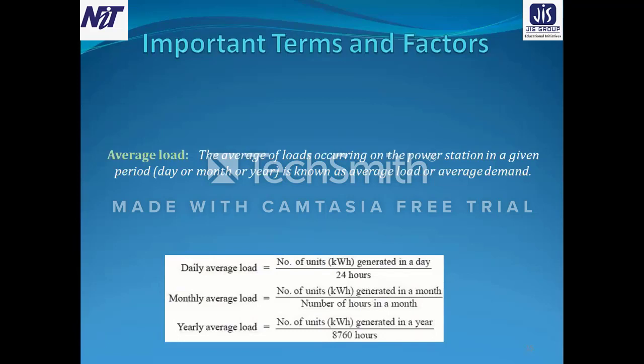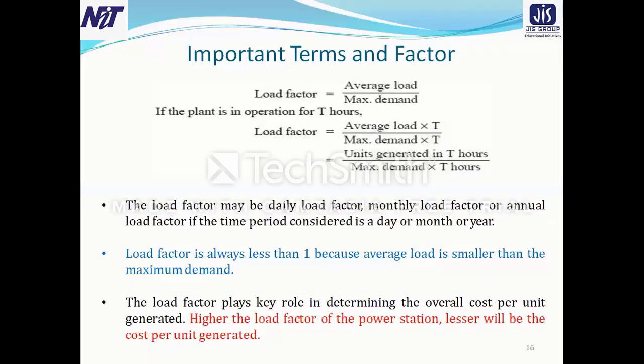If we try to find the yearly average load, then it should be number of units generated in a year divided by 8760 hours, the total hours in a year. So the average of loads occurring on the power station in a given period is known as the average load or average demand.